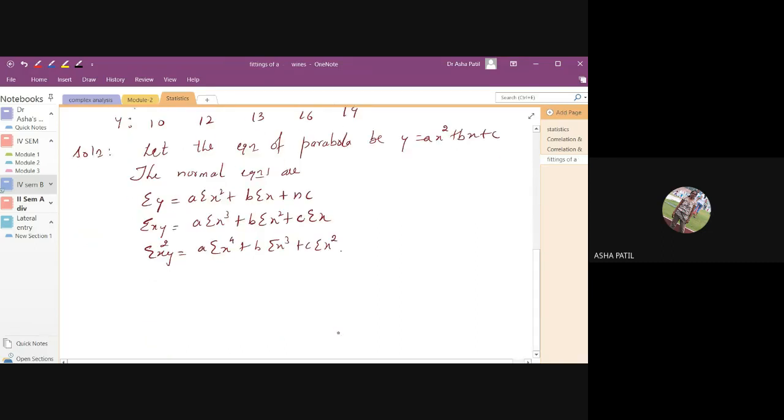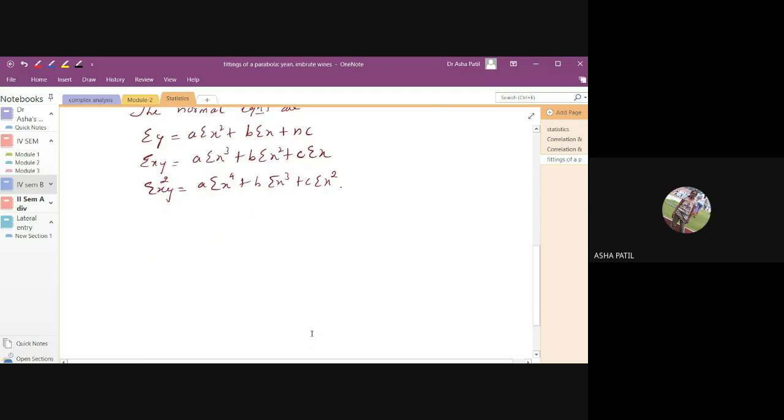Now we will put the table. Which values are necessary, that we will come to know from these normal equations. So we have to write the normal equations first and then start the example. What all do we need? We need x square, x cube, x raised to 4.